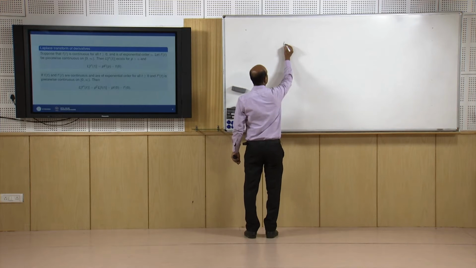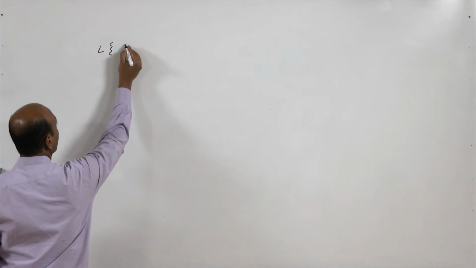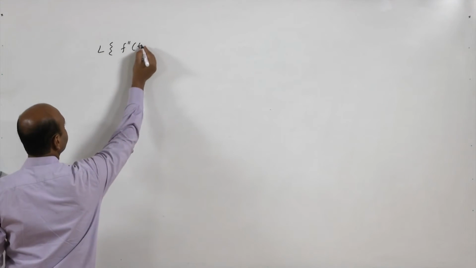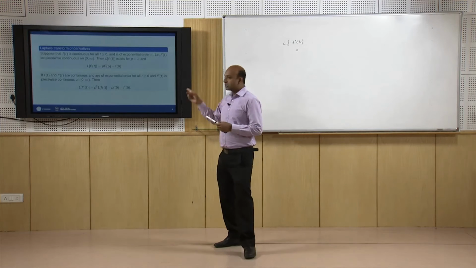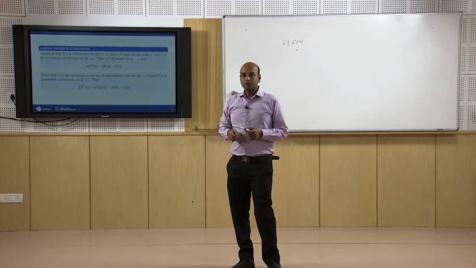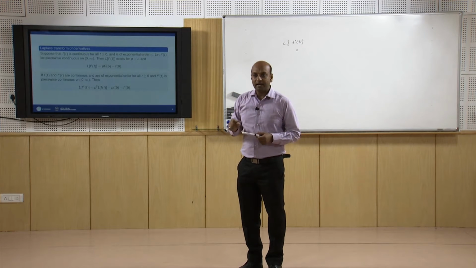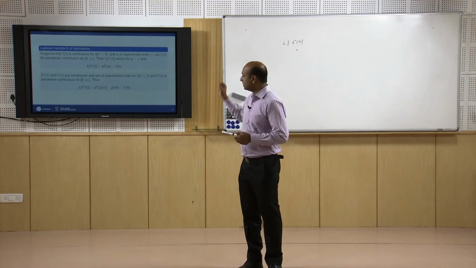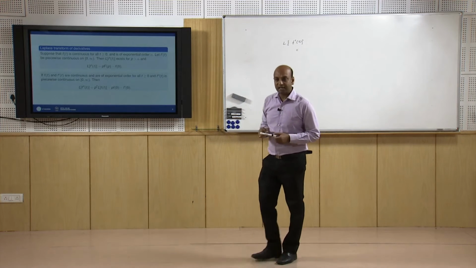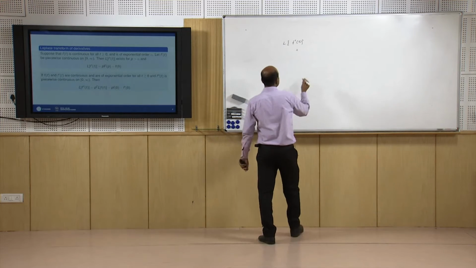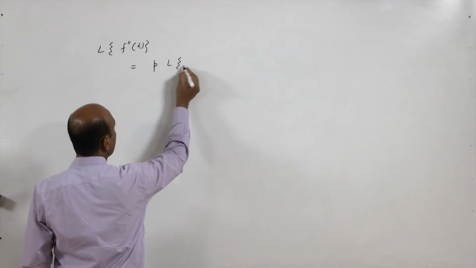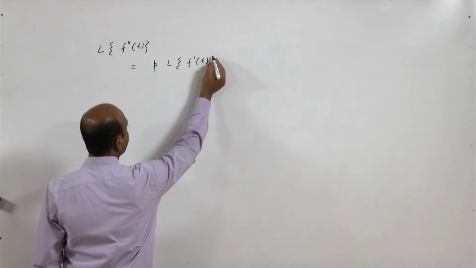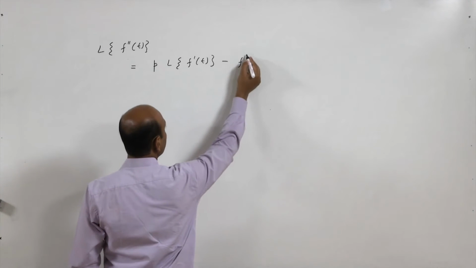Now, what is Laplace of f''(t)? In the first expression which we have just obtained, you simply replace f by f'. So, what we obtain is p into Laplace of f'(t) minus f'(0).